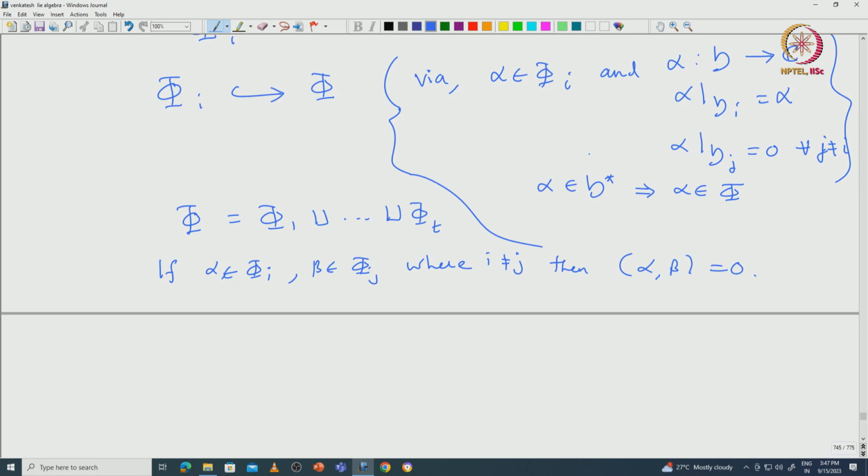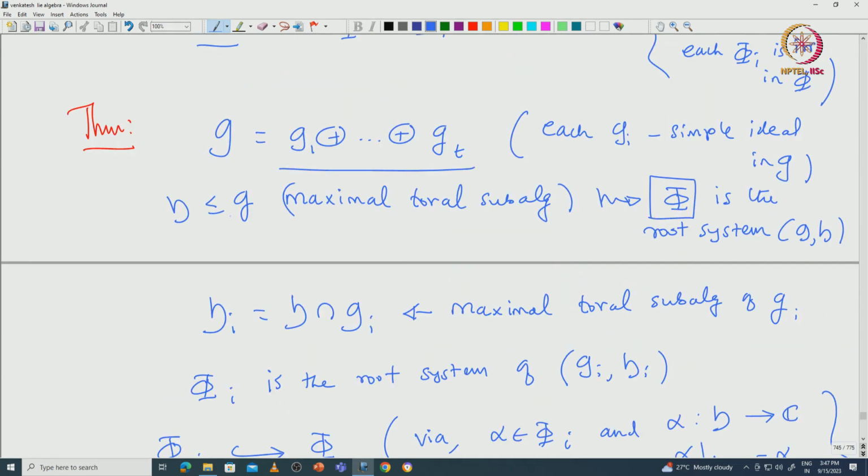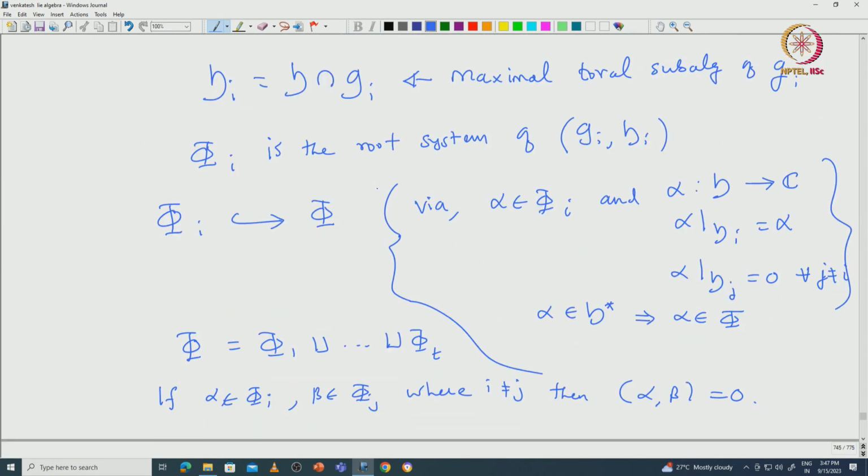And you can see that conversely, if phi is a root system of some pair G, H, and if you write phi as a direct sum of irreducible root systems phi_1 etcetera phi_t, then you can prove easily that G can be written as a direct sum of the simple ideals G_i.